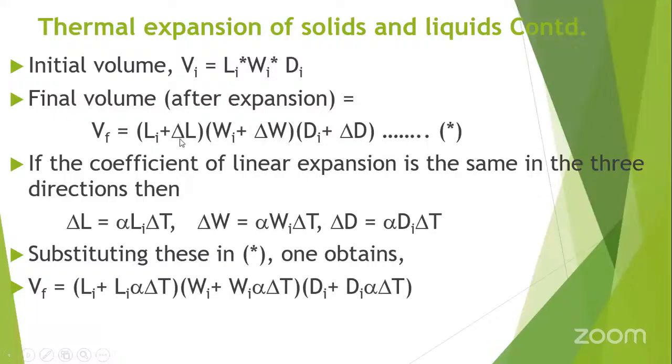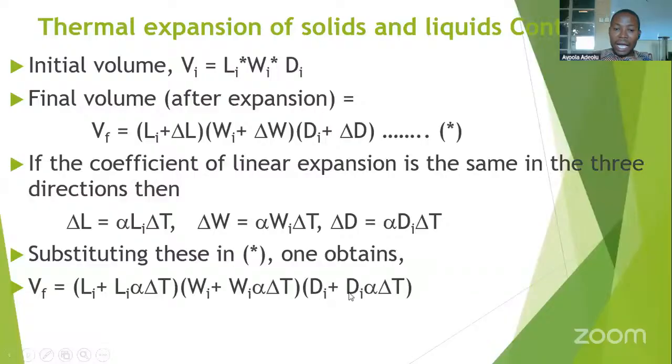Here I see delta W, I put this thing here. Here also I see delta D, I will put this thing here. So my final volume will become this. What I did is that I factorized: look at it here and here, Li is common. Here and here, Wi is common.